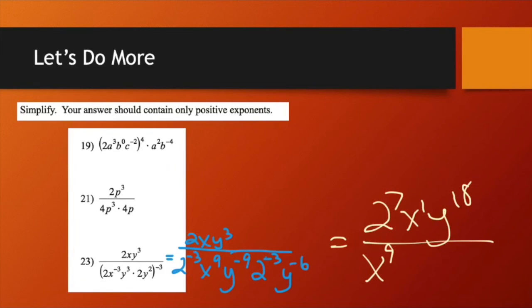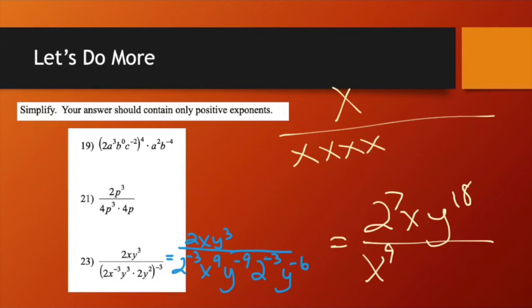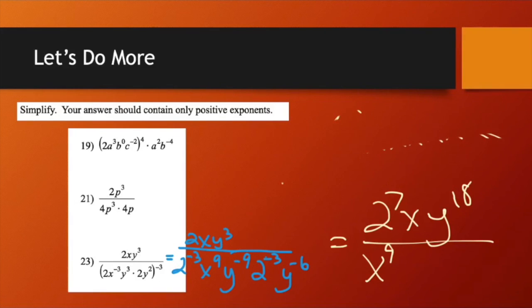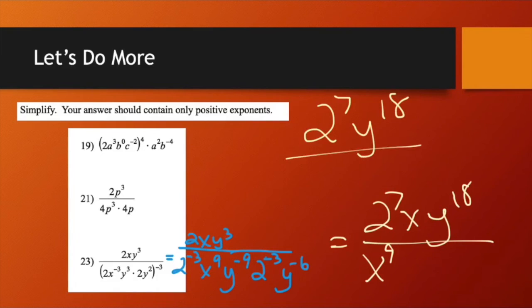Or we can think of this as an x on the top and 9 x's on the bottom, and one of them cancels, leaving me with 8 on the bottom. So my final answer is 2 to the 7, which you could multiply out if you'd like, y to the 18 over x to the 8th.